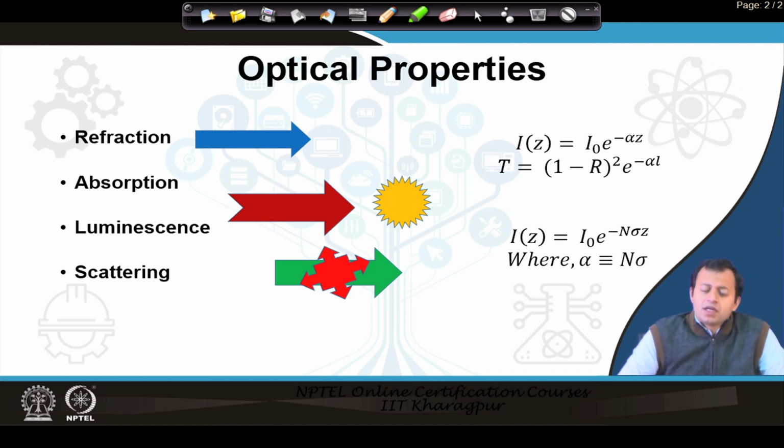Vibration of charged particles in turn produces its own electromagnetic field. That electromagnetic field basically interacts with the incoming light. We will discuss that a bit more in detail in the refractive index, but understand what is absorption or where absorption is coming from.